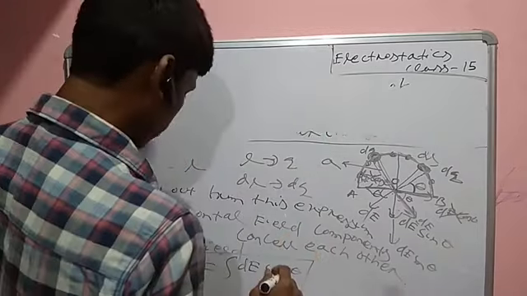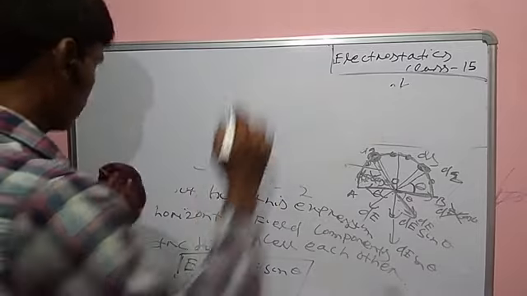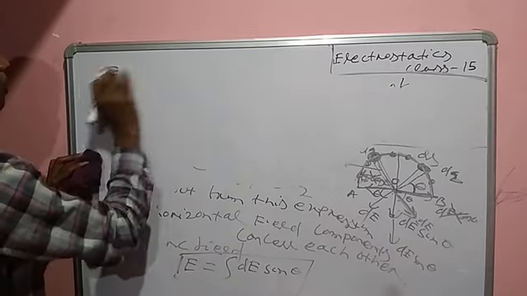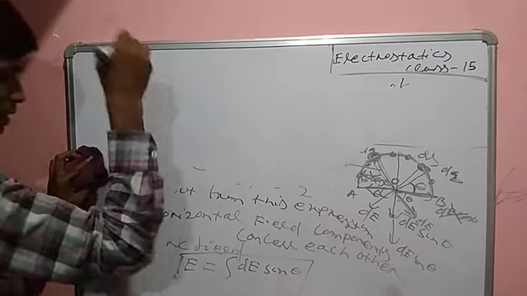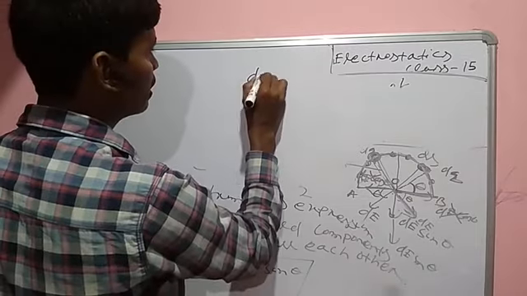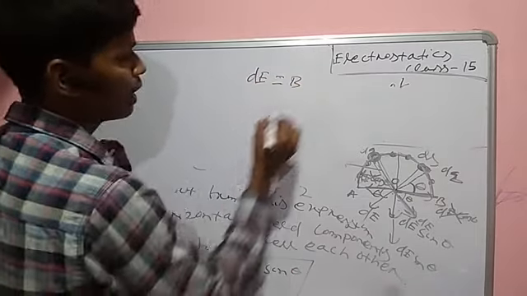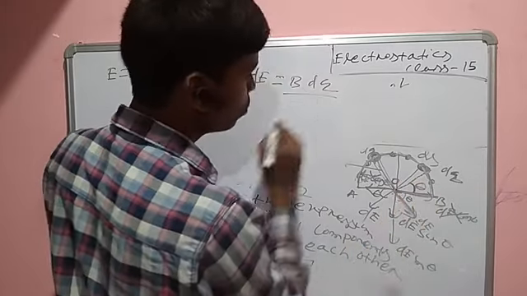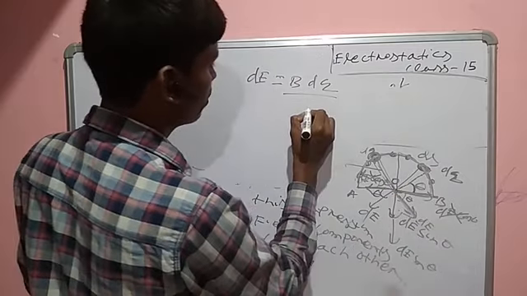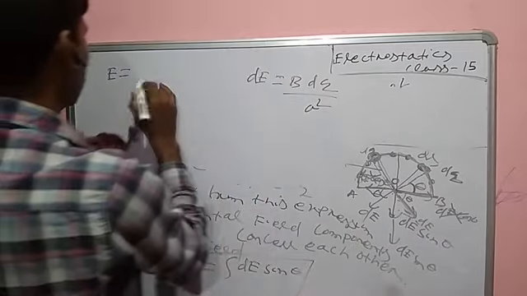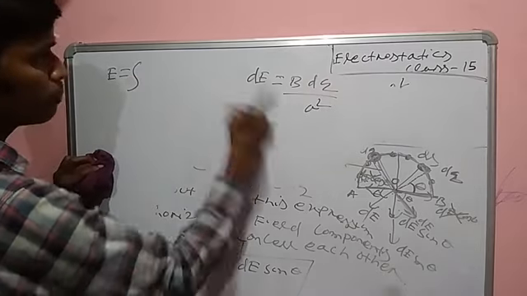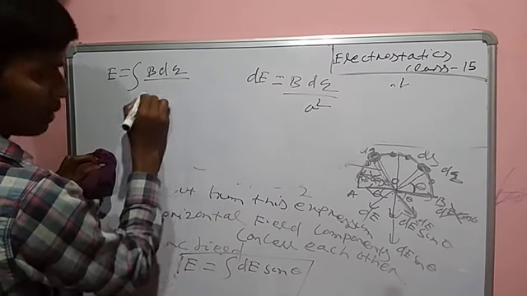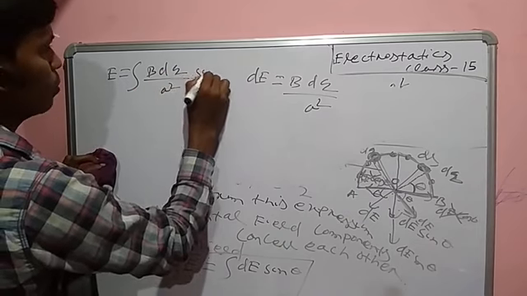Then here E is equal to what? dE means k dq by a square. So E is the integration of k dq by a square into sin theta.